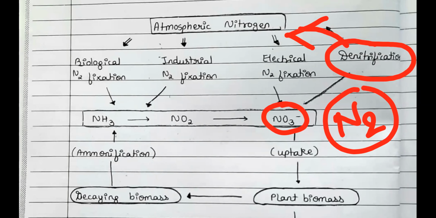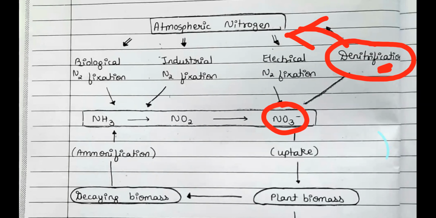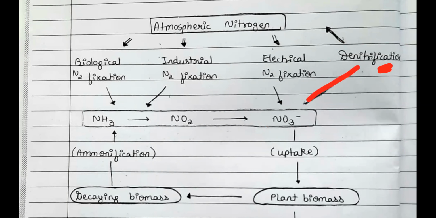By which process? Denitrification. So the arrow should be like this. In your book, the arrow is given like this, here there is an arrow and here also. Check it. Remove this point. This is the wrong thing. The reaction goes in this direction. This NO3 minus, with the help of denitrification, releases nitrogen into the atmosphere.